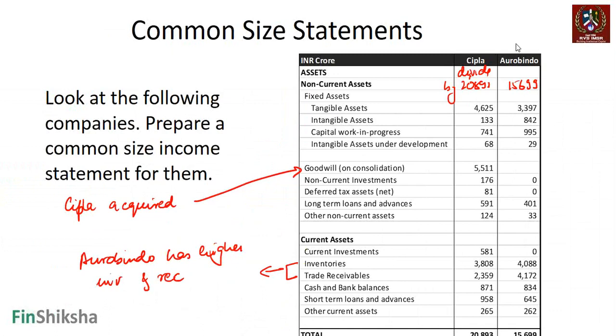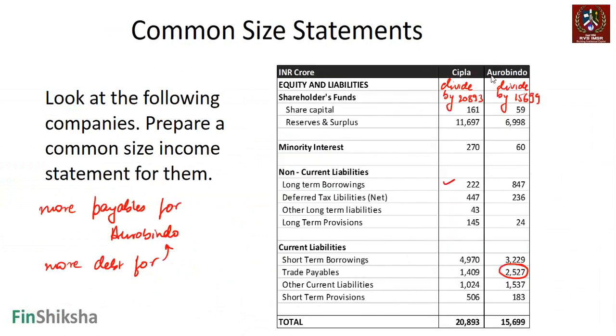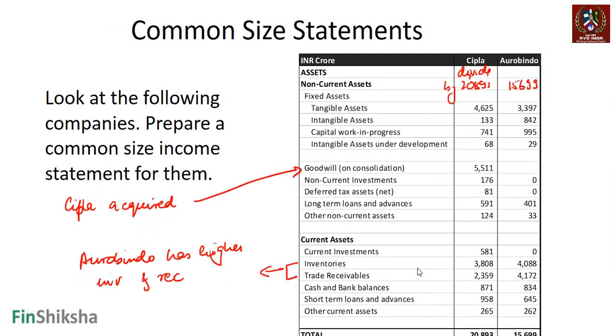So within this case, these are two pharma companies. We find that the first firm, Cipla, has lesser debt. It has lesser payables. It also has lesser inventory and lesser receivables, and at the same time, it has some goodwill on consolidation, which is, if you see, a fair chunk of the balance sheet size.